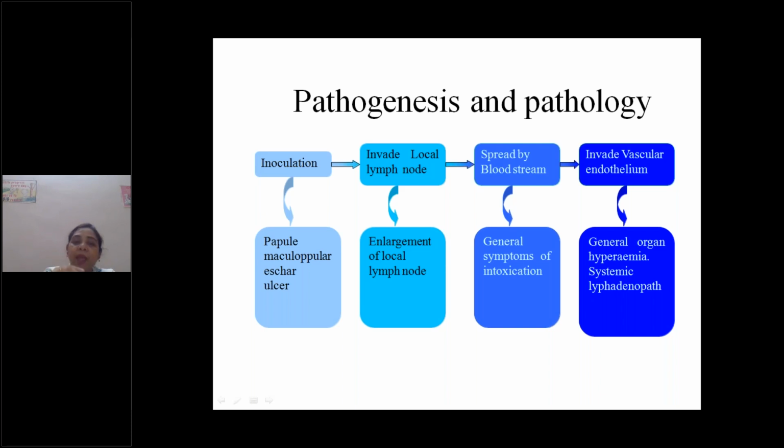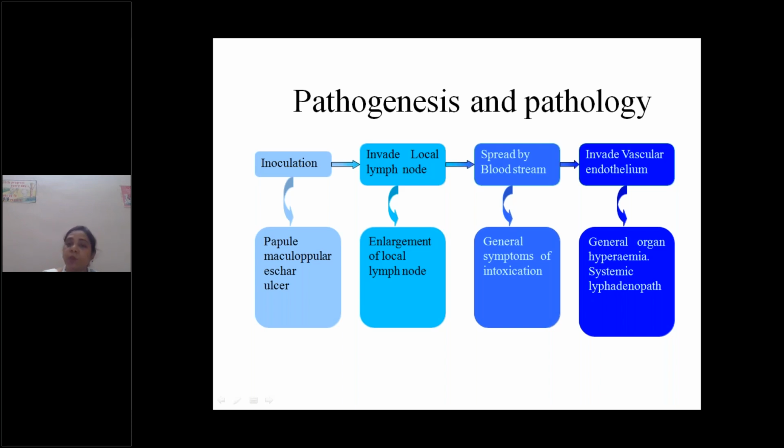Later, bacteria invade local lymph nodes. Invasion of the local lymph node leads to the enlargement of that particular lymph node. After invading the local lymph node, they enter into the bloodstream, which results in the establishment of symptoms, which leads to intoxication.